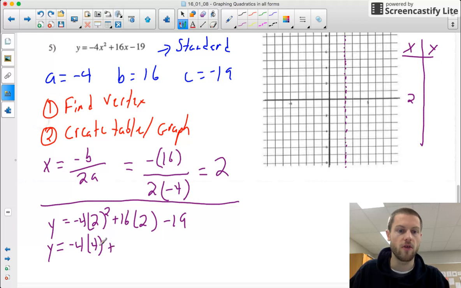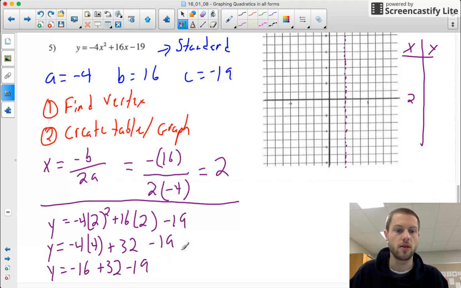When I square 2, I get 4, and I can multiply these two together right now, that's fine, and subtract here. So this is going to give me a -16 plus 32 minus 19. And let's see, -16 and 32 will give me a 16. 16 minus 19 is going to give me a -3.